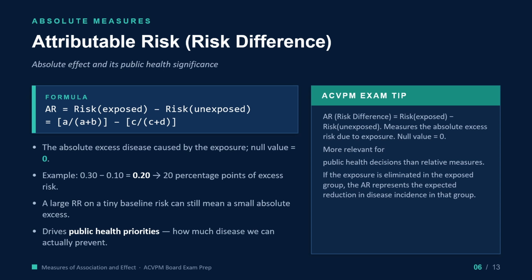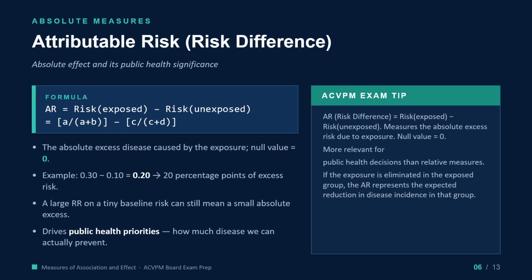It asks how much additional disease is caused by this exposure in absolute terms. The formula is simple. AR equals the risk in the exposed minus the risk in the unexposed equals, in our 2 by 2 terminology, A divided by A plus B minus C divided by C plus D. The AR is expressed in the same units as risk, usually as a proportion or percentage.